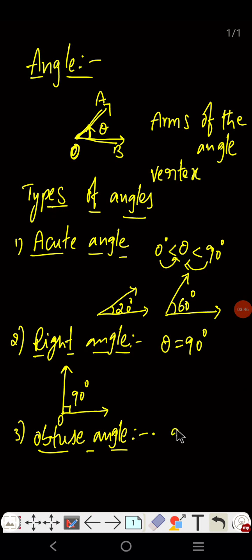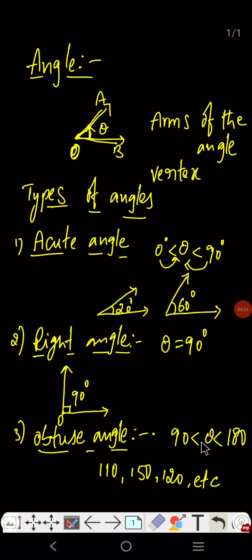Examples are 110 degrees, 150 degrees, 120 degrees, etc. That means the angle lies between 90 and 180 degrees, and it is called an obtuse angle.